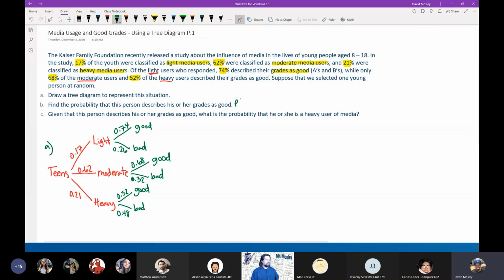So we're finding the probability of good, right? Probability of good has 3 routes. I can go through light and then to good. We can go moderate to good and heavy to good.